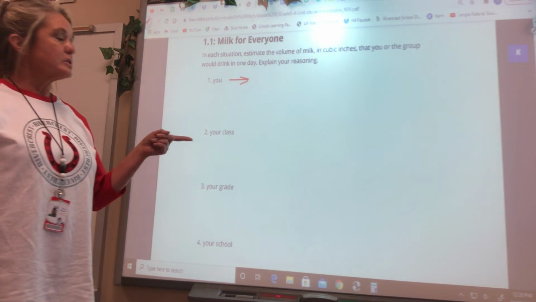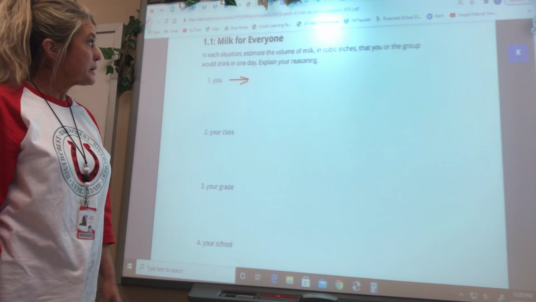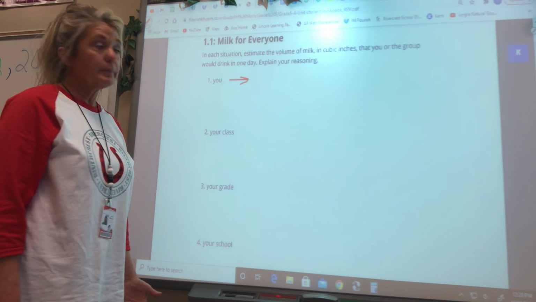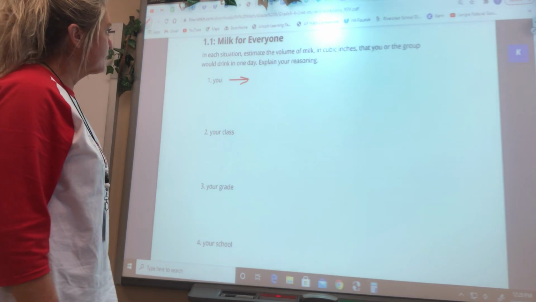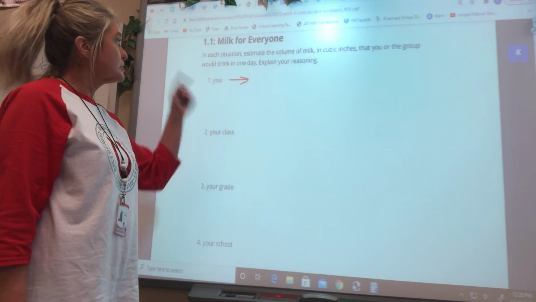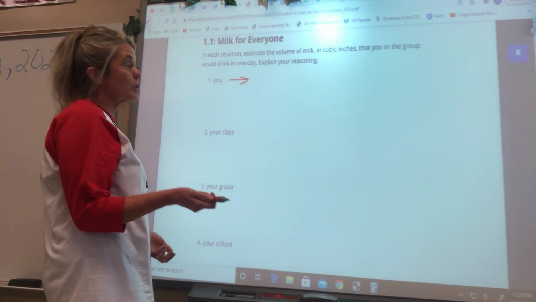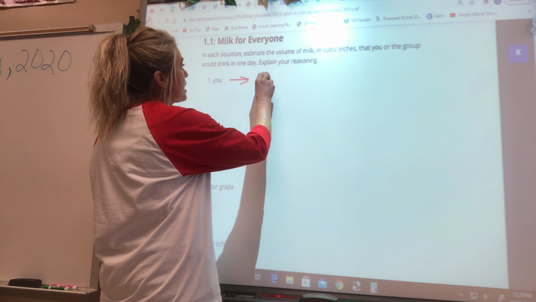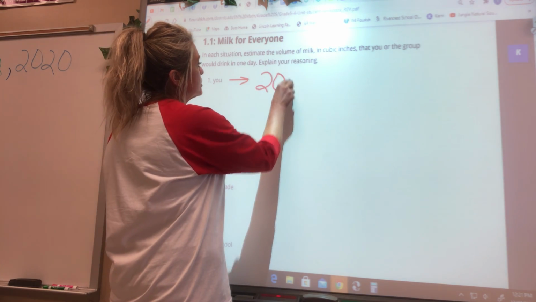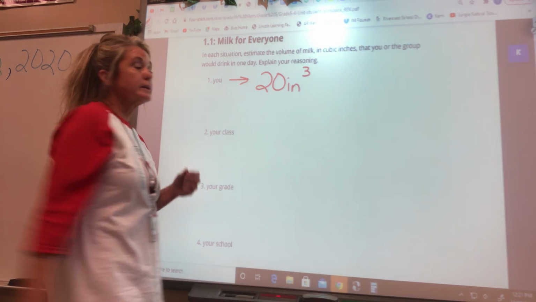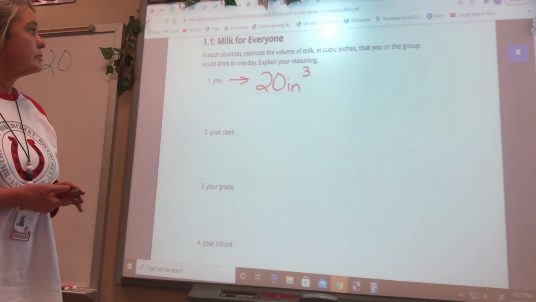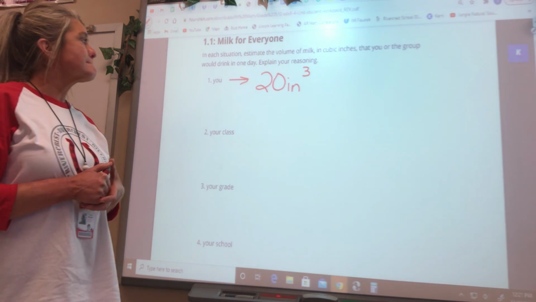Most people probably only drink 1 carton of milk per day, maybe with breakfast. So one person probably only drinks 1 box, and we said that 1 box was 20 cubic inches. That's what we calculated the volume to be a few minutes ago.